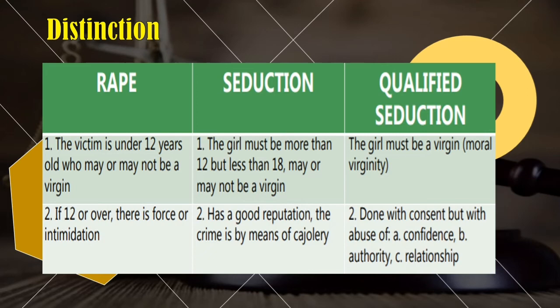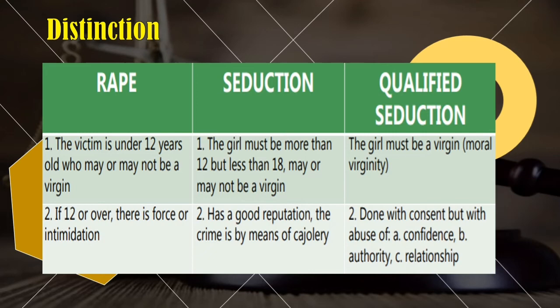When we say cajolery, there is some deception or manipulation or some flattery intended to persuade the girl to do something. And for qualified seduction, it is done with consent but with abuse, such as abuse of confidence, of authority, or of relationship.